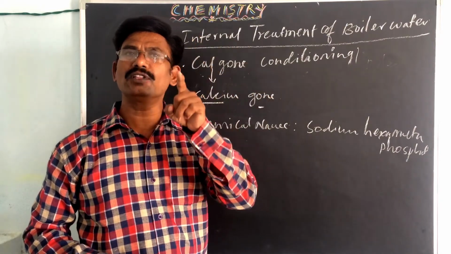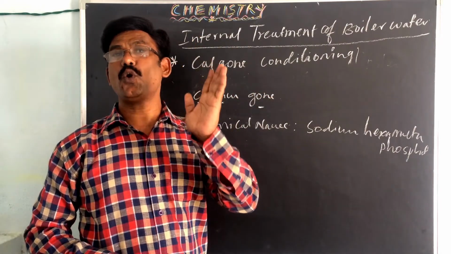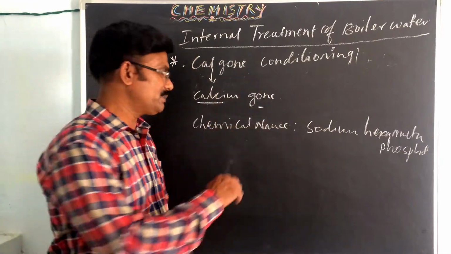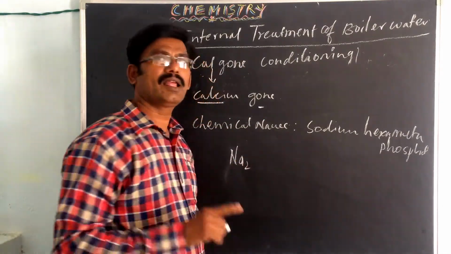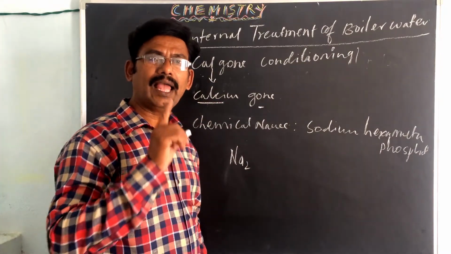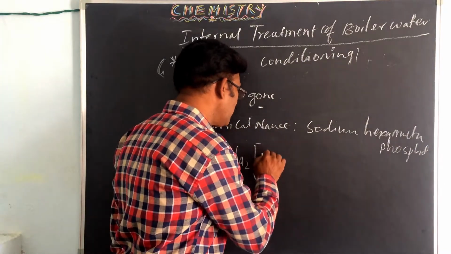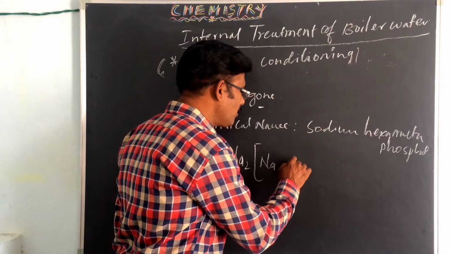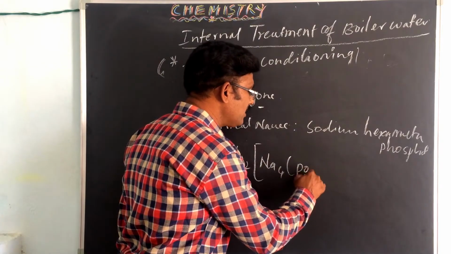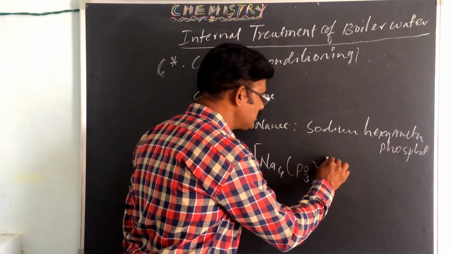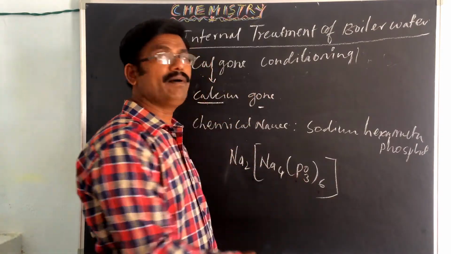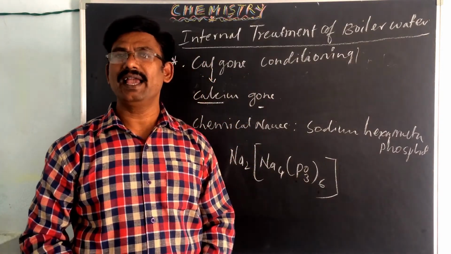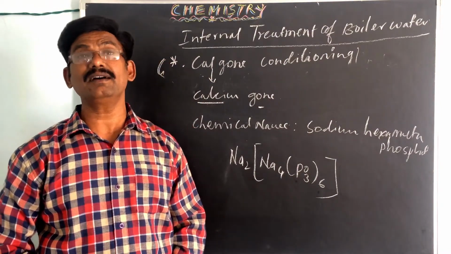Phosphate means PO3. So it is Na2, Na4, PO3 taken 6 times. Sodium hexametaphosphate. This is the formula.